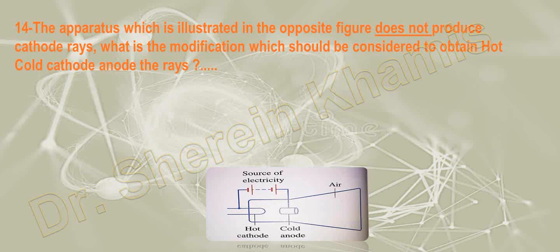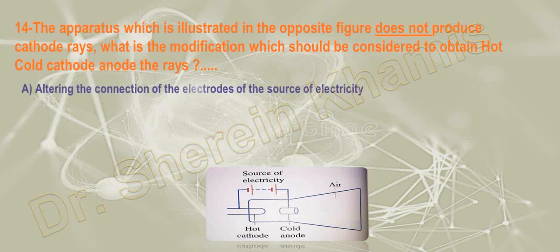We want to get the reaction between the hot cathode and the cold anode. There is something wrong here, in the presence of air. The first choice: alternating the connection of the electrodes of the source of electricity, changing them. The second, heating the anode instead of the cathode.